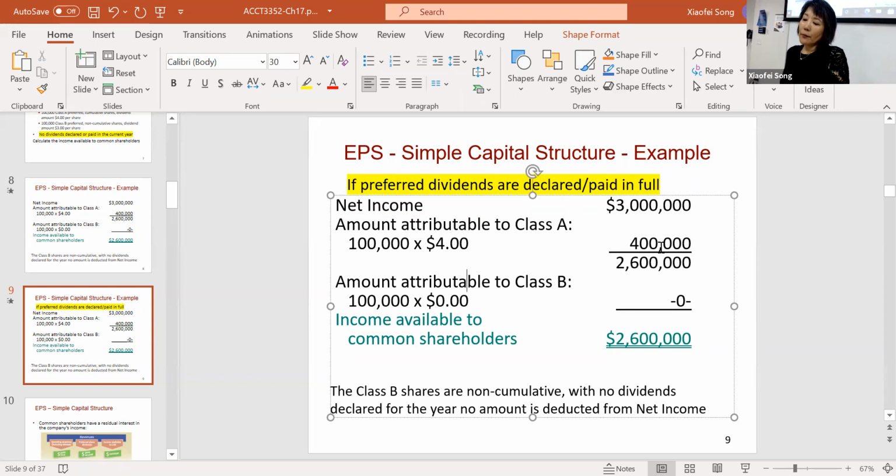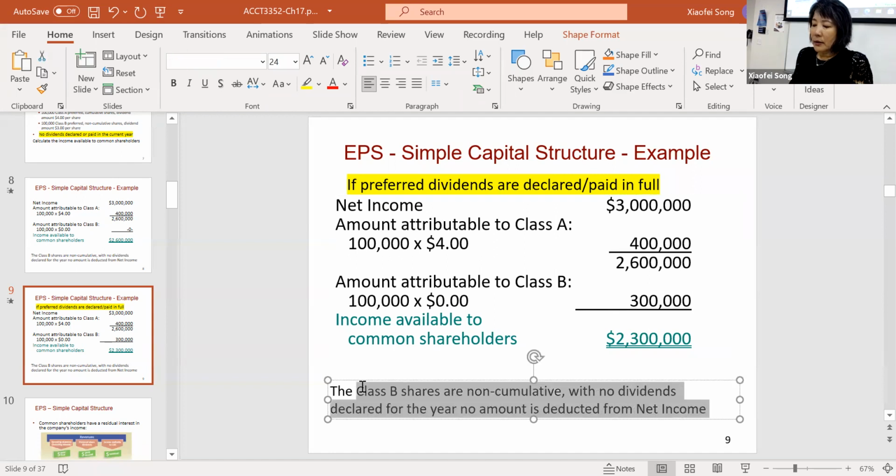We will have to subtract both classes of preferred dividend, because both classes of shareholders will be entitled to the dividend. One is $4 per share, one is $3 per share. So what's left would be $2,300,000.